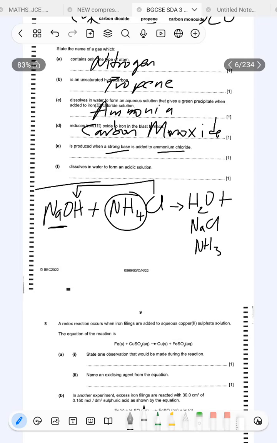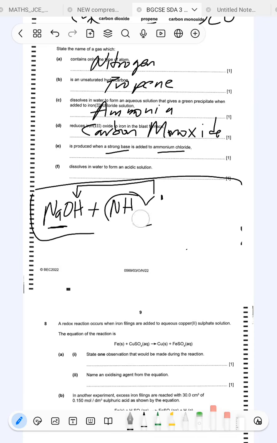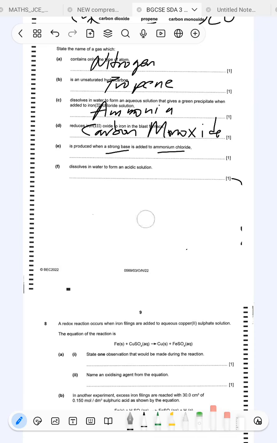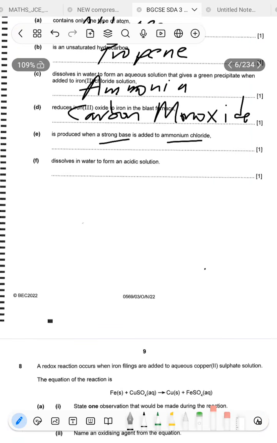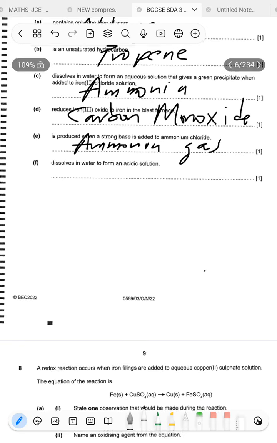So this is a special case reaction for strong base and ammonium salts. So you need to remember that you produce ammonia gas there.